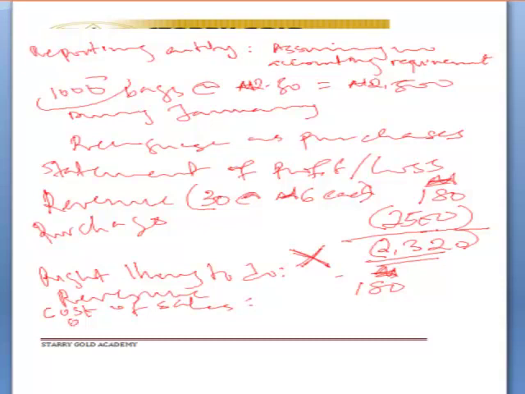It is what it cost him to sell that particular quantity, which is 30 units in the financial period. We have what we call opening inventory, assuming he brought forward some stock from the previous accounting period. Then he adds that stock to what he bought in the current period, which is 2,500 naira plus the opening inventory.